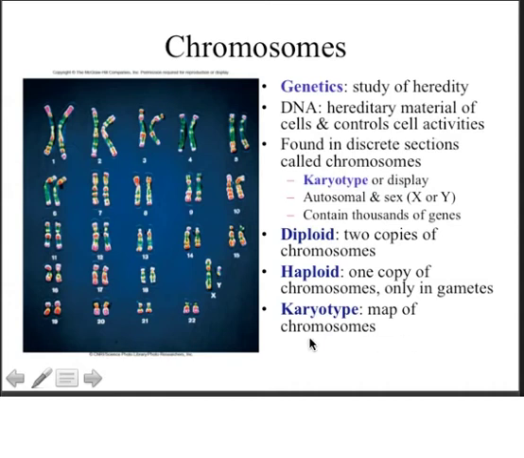The karyotyping that we see here in this photograph is an example of using the technique of freezing the cells at metaphase of mitosis, rupturing the nuclei, staining the chromosomes, and then doing a count. Okay, the prefix karyo means of or pertaining to the nucleus.